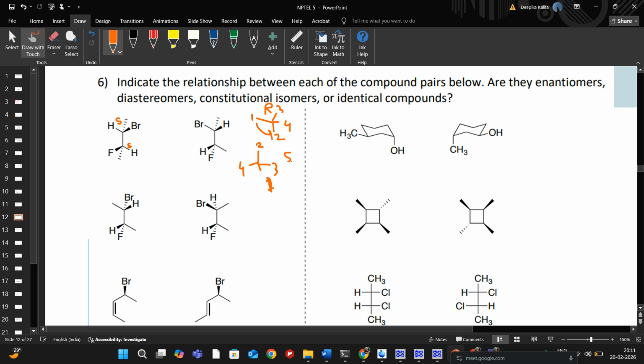So the configuration is S because the fourth group is present above the plane. Hence, the set of chiral centers present here will be R and S.